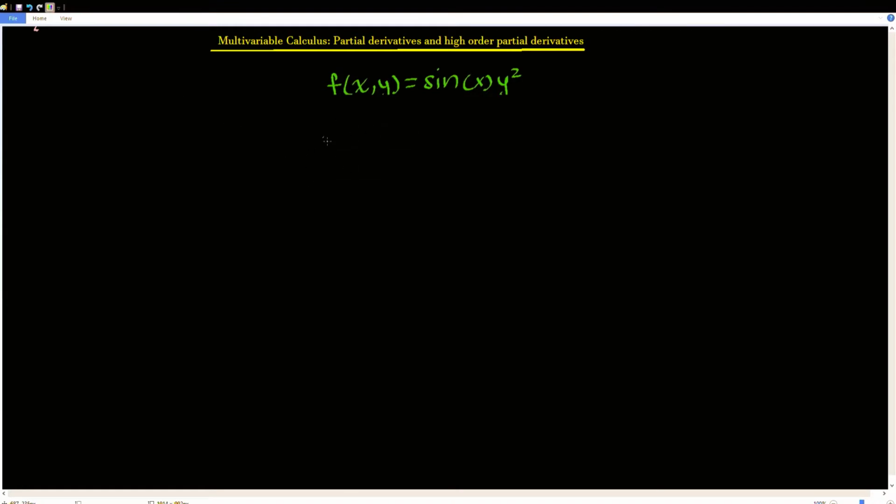Our first step was to find partial of f with respect to x. So what we need to do is find partial of f with respect to x equals, and what this is, the derivative of this problem right over here, which is, let me just write it down again.